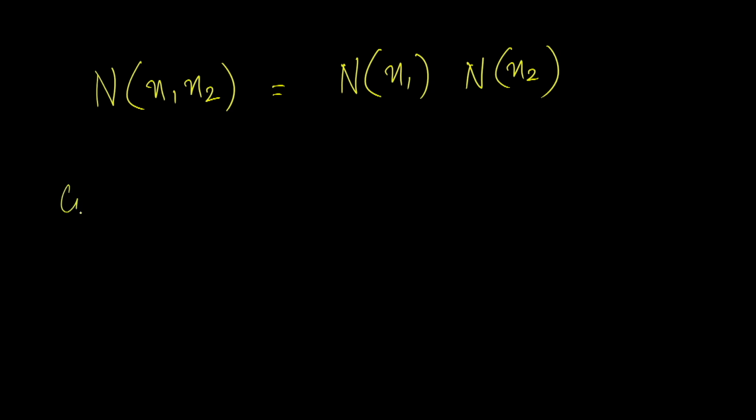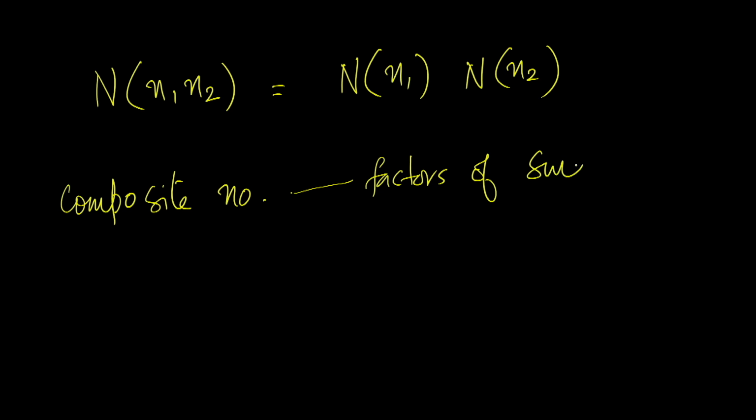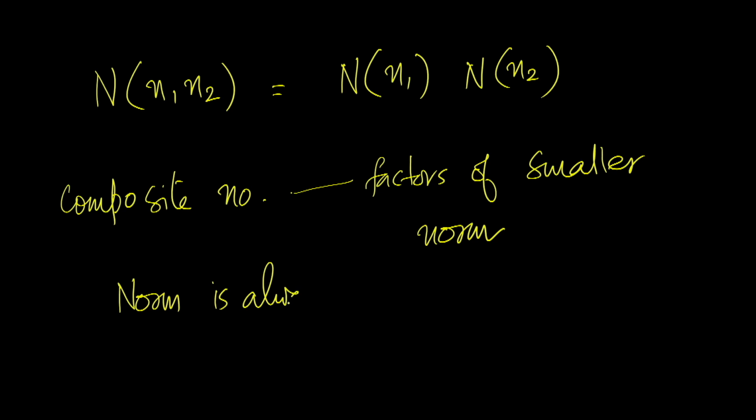So, if you consider a composite number, it factorizes into factors of smaller norm. And the norm is always an integer greater than 0.